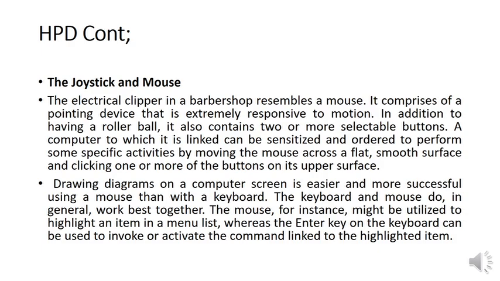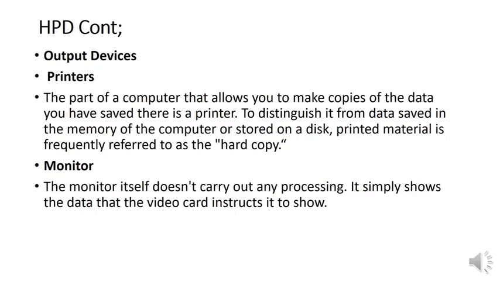The keyboard and mouse in general work best together. The mouse, for instance, might be utilized to highlight an item in the menu list, whereas the enter key on the keyboard can be used to invoke or activate the command linked to the highlighted item.